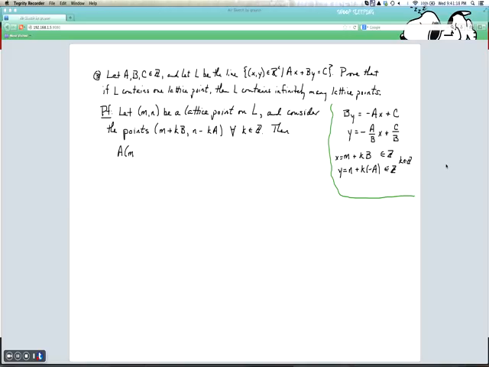So we've got a times, oh, and one thing I should say is since that is a lattice point on the line, maybe I should say that before I do this.